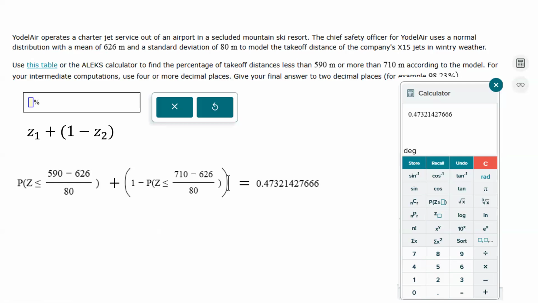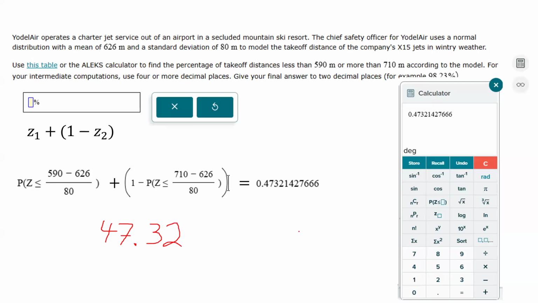Just make sure that you do write it as a decimal or as a percentage. You don't need to put the percent sign because that's up there, right? 47.32. Just put that in and you'll be good to go.